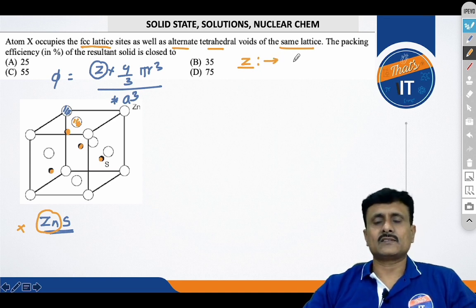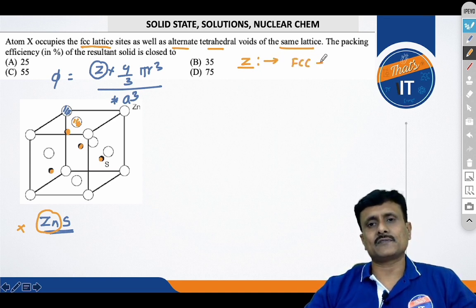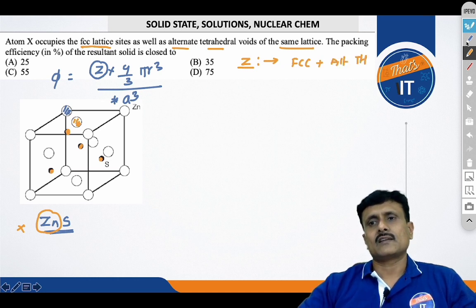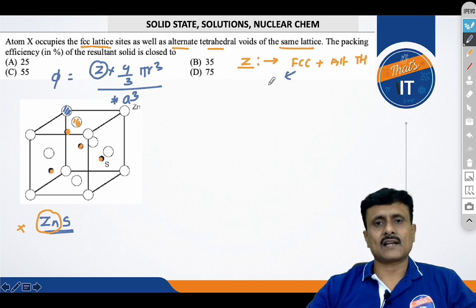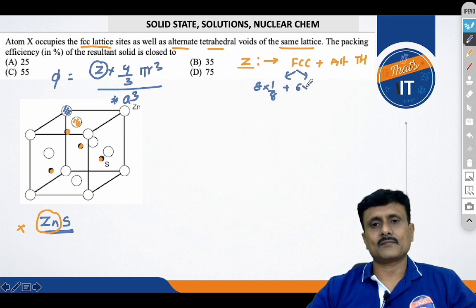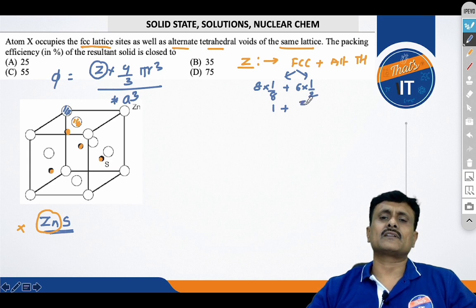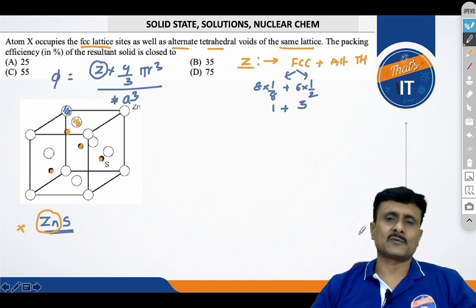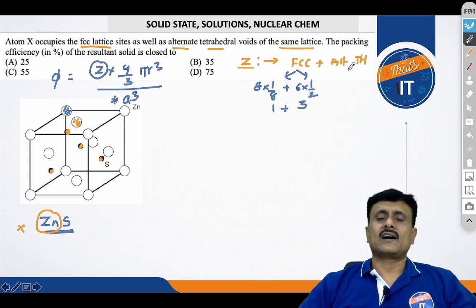You know that this is occupying the FCC as well as alternate tetrahedral voids, isn't it? Now FCC means the atoms are present at the corners and face centers. You know that, isn't it? So the atoms that are present with respect to the FCC lattice positions are 4, and alternate tetrahedral voids.